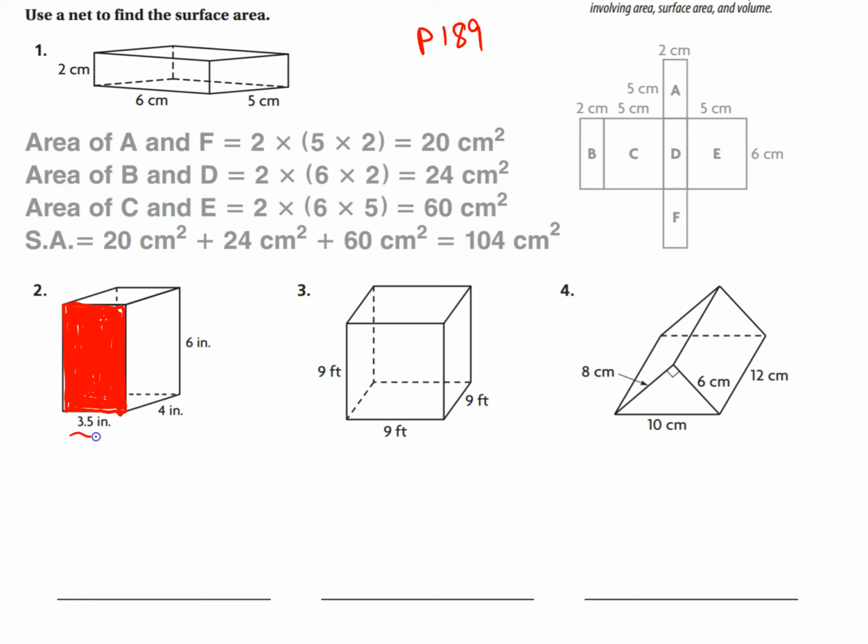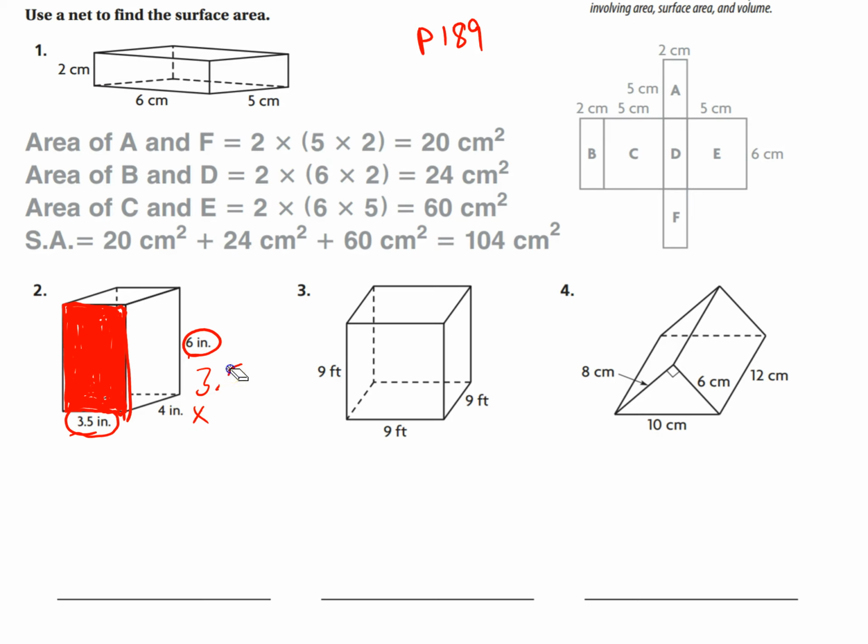So this is 3.5 by this line is 6 inches. So 6 times, or I could say 3.5 times 6. That's going to give me the area of the front, and then I multiply that by 2 to get the area of the front and the back.